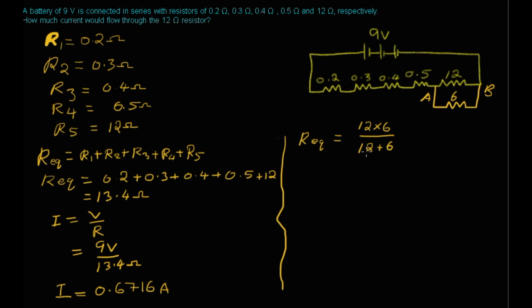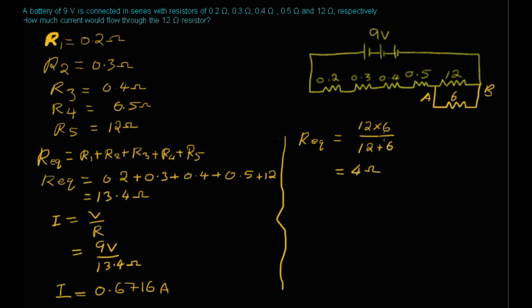By taking LCM and taking the reciprocal, we get R1 into R2 divided by R1 plus R2, that is 12 ohm into 6 ohm divided by 12 plus 6. This is the total resistance of the combination, and it is equal to 4 ohm.